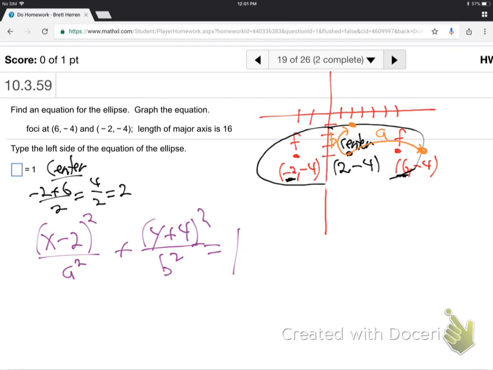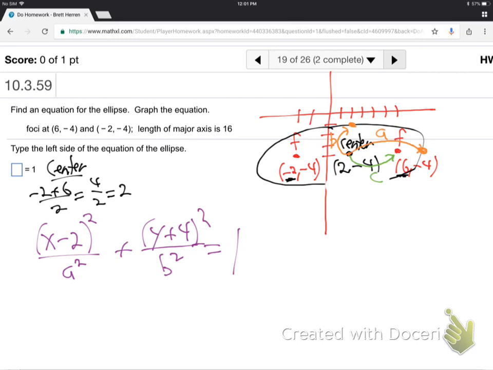Good. That's always what A and B are. They're from the center to the edge. C is from the center to the focus point, isn't it? That's C. Everybody see what A, B, and C are? Getting the hang of those? A and B are from the center to the edge. C is center to focus point.